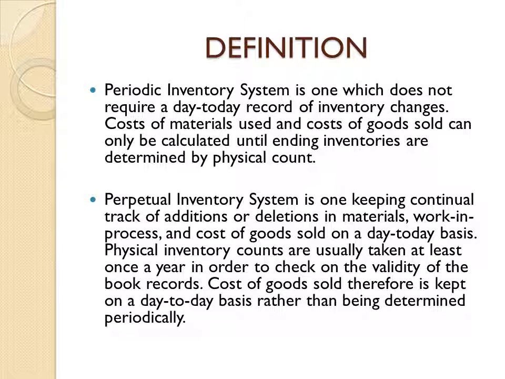But with a perpetual inventory system, stock entry and exit are recorded directly into the stock account and are not considered as expenses. We are going to see the treatment of this periodic and perpetual inventory system in much more detail when we look at the double entry.